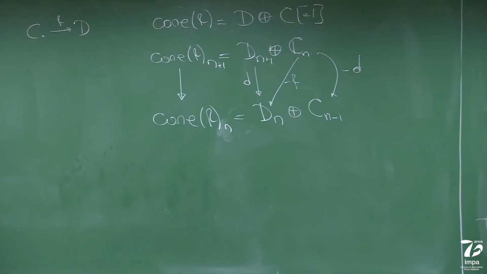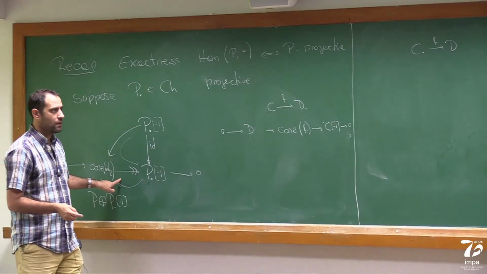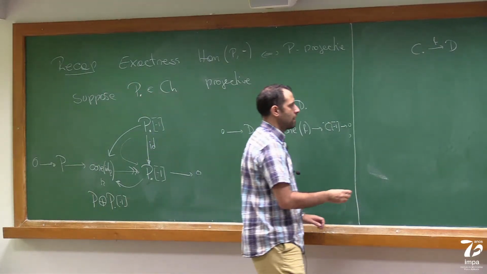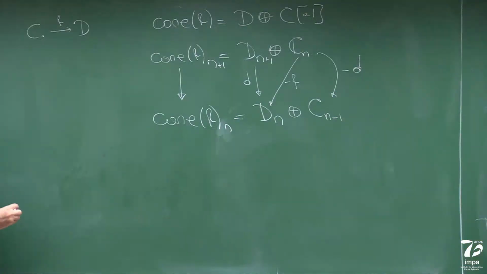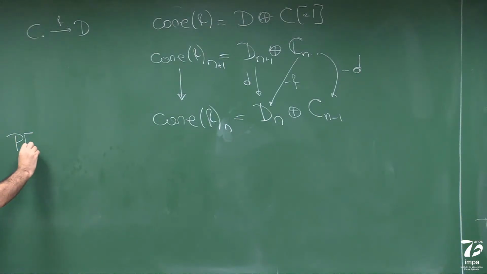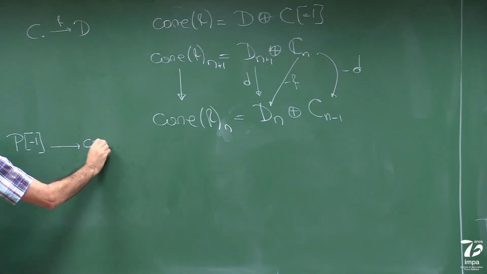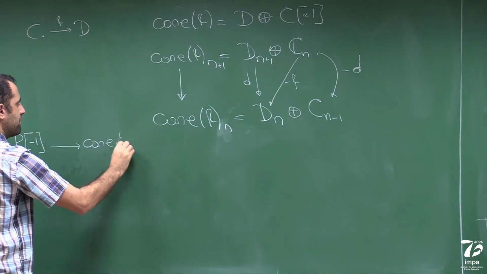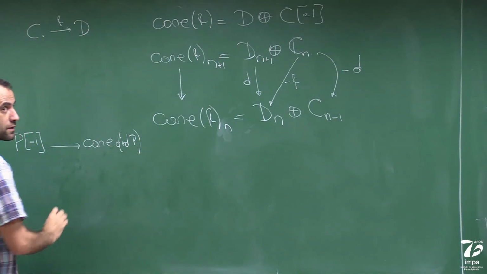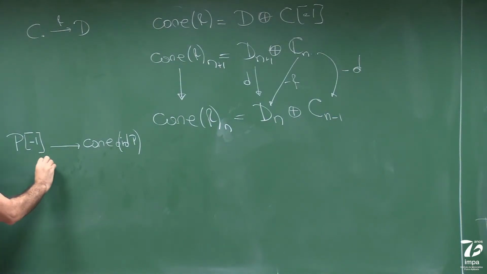Okay, now what I'm saying is that in this particular case I'm choosing a lifting, looking at F being the identity. And what is this map? Well, this map is from P shifted by minus 1 to the cone of the identity of P. So now I look at what this is in degree n.